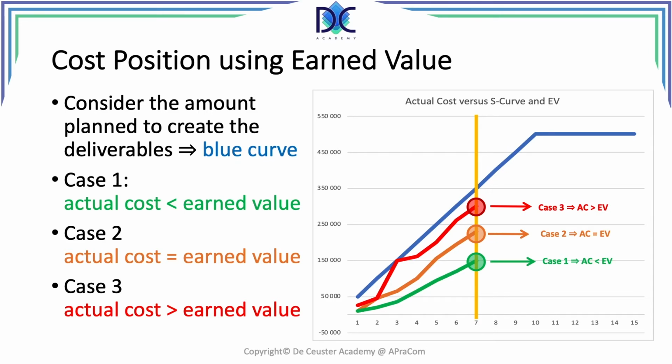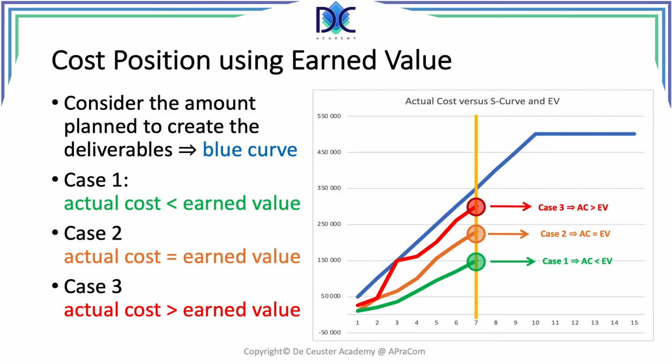It means we have an earned value smaller than the planned value, but the actual cost is also smaller than the earned value. So we are behind schedule but below budget. In case 2, the actual cost is equal to the earned value. We're behind schedule, but we pay exactly as we estimated to create those deliverables.